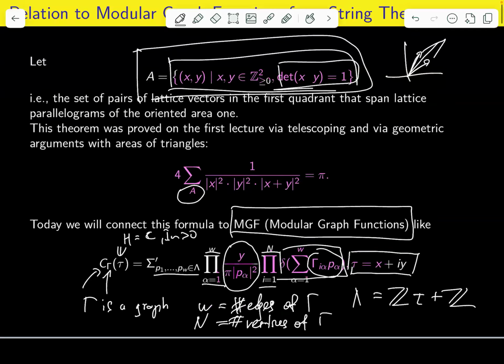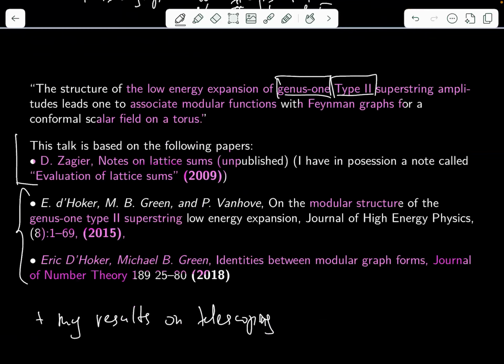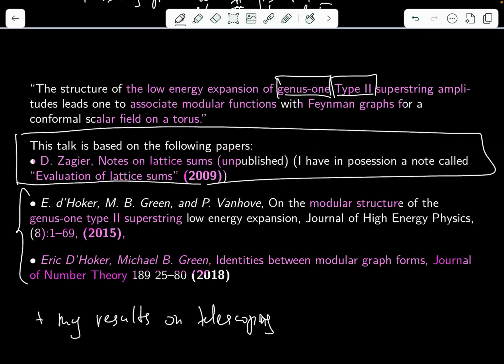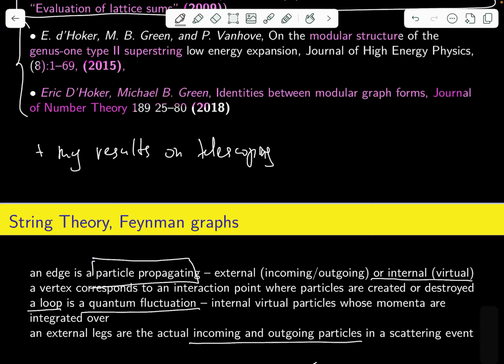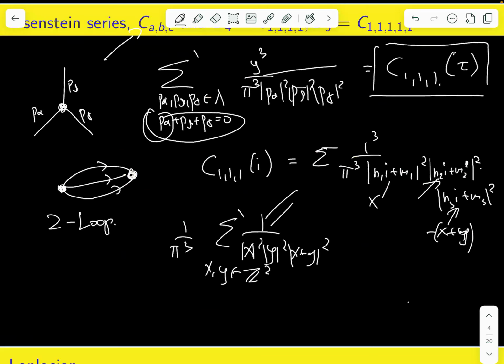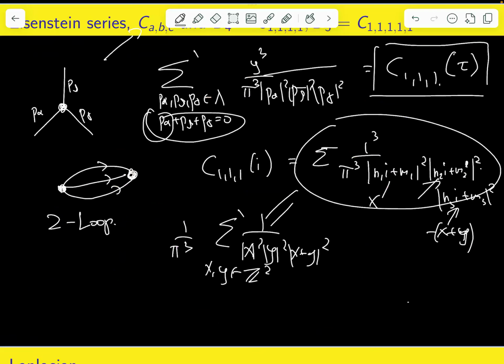And actually, that's exactly what happens in this not published article of Zagier. So he considered exactly C111. He just said, okay, what if I have a sum of this type? So you have a lattice, and then you just look at the product like that over all triples with sum 0.